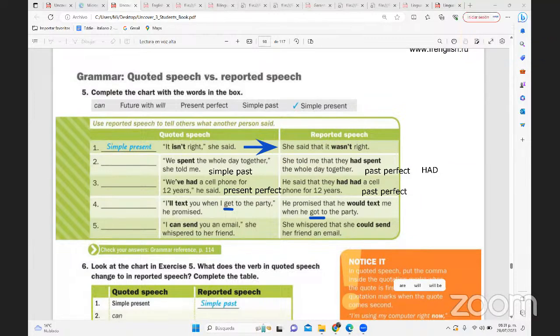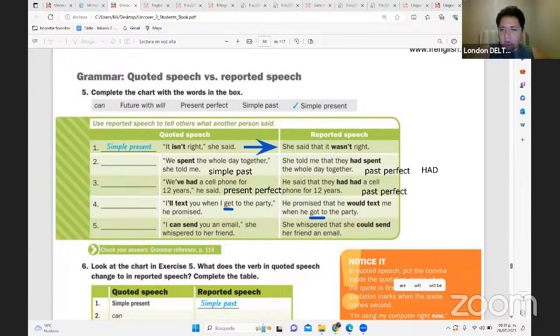Teacher, ¿puede ser tan amable de repetirme la indicación, por favor? Yes, please make it reported speech. Vamos a hacer la oración en reported speech. Ok. Sí.